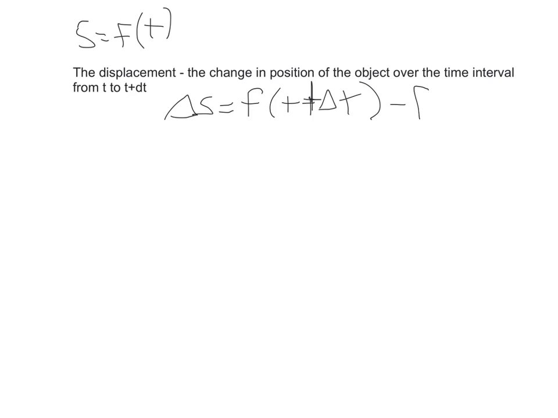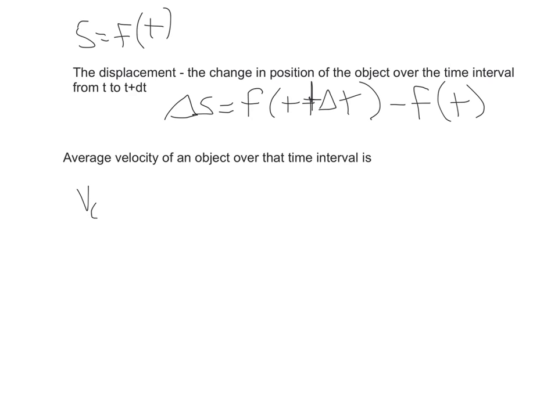Average velocity, here we go with the physics. Average velocity of an object over that time interval. That's the way I write average velocity: capital V with a subscript AV for average.